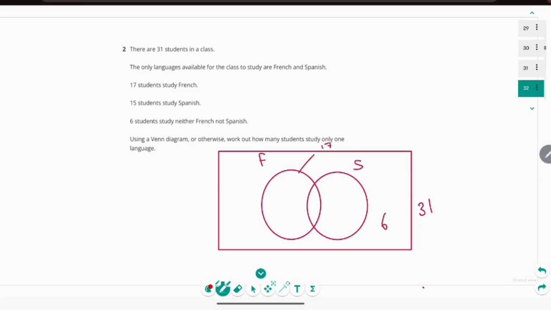Come across quite a few like this at the moment. 15 for Spanish. 17 add 15 is 32. 31 take away 6 is 25, which gives us an overlap here between 25 and 32 of 7. So that's 10, 8. There we go. Let me just double check a few of these figures. Yes, works.